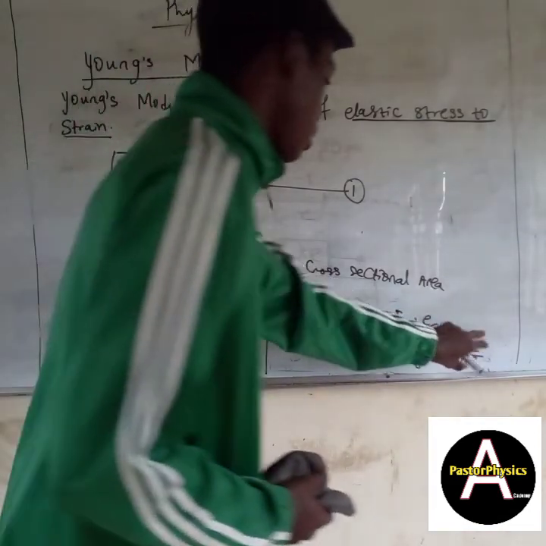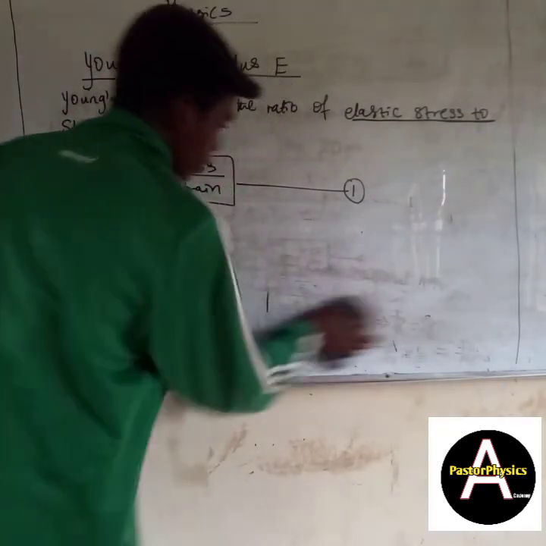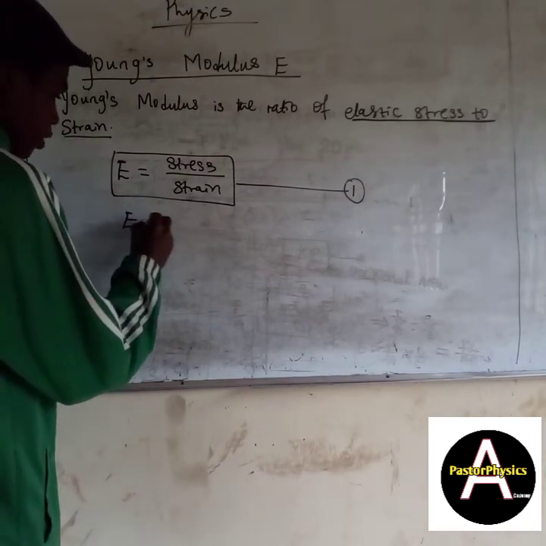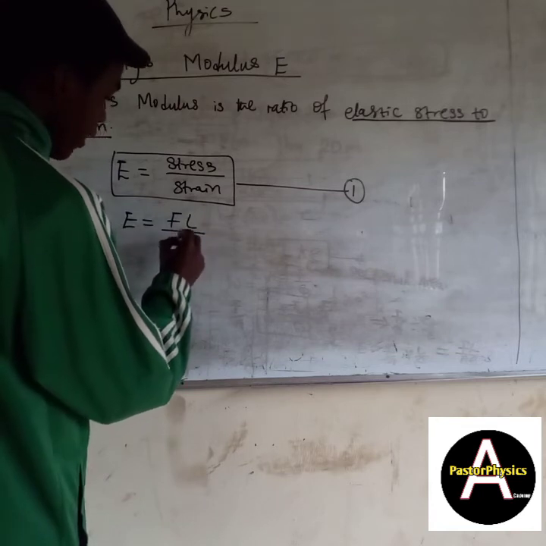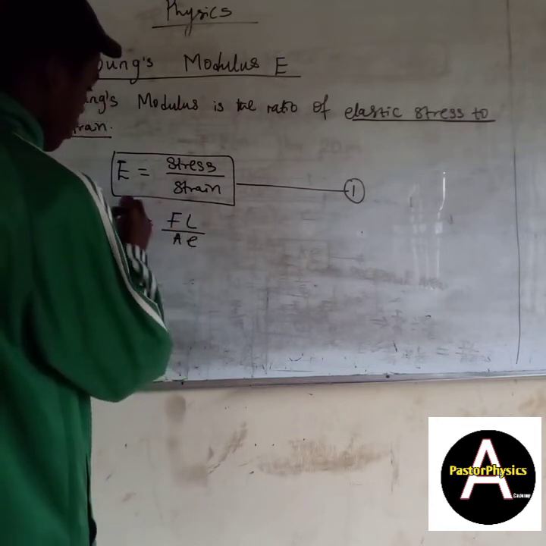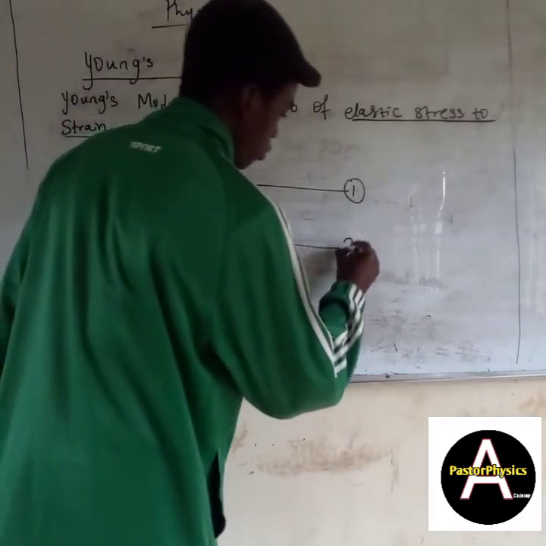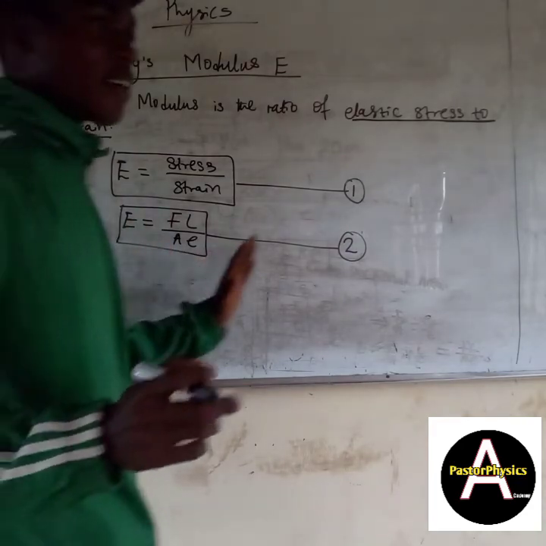So it therefore means that the other formula for Young modulus E is equal to FL over Ae. Formula 2.